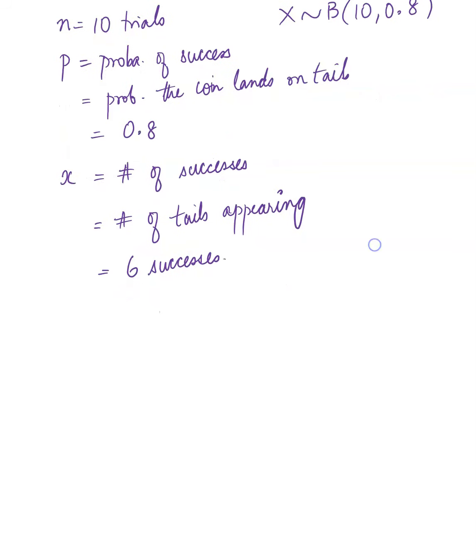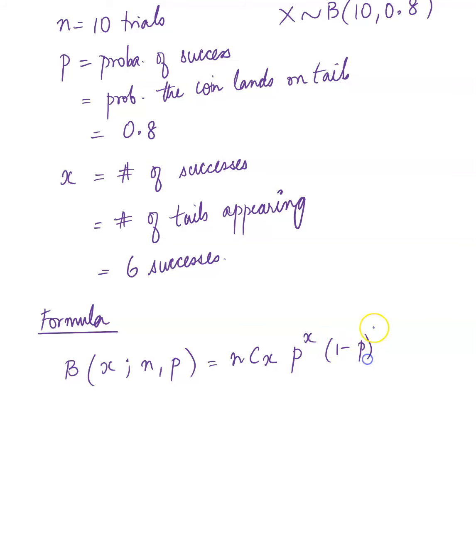Okay, so the formula presents itself like this. It's a binomial with x, because you need the specific x, n comma p. The formula is nCx, remember, combination, p power x times 1 minus p power n minus x, which is basically q power n minus x.